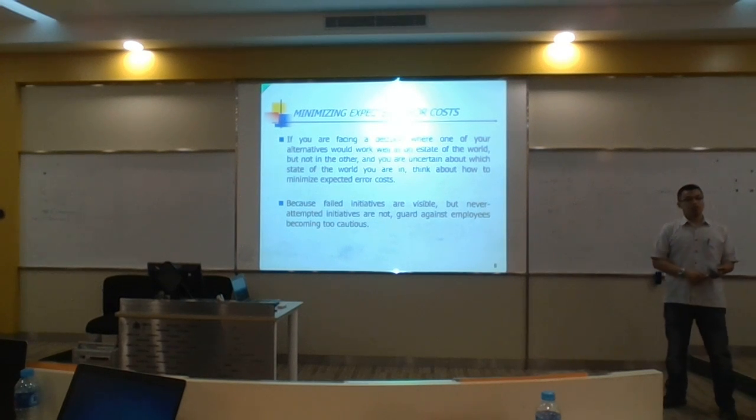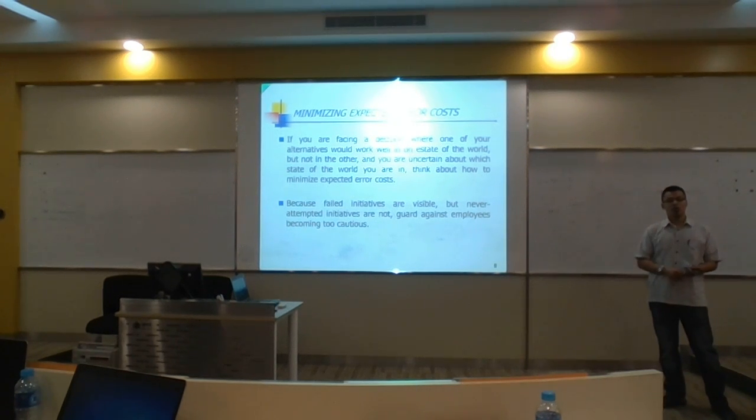So usually the manager or the owner of the company will always try to balance the decision whether they want to delay the launching of the product or let the competitor launch the product first.